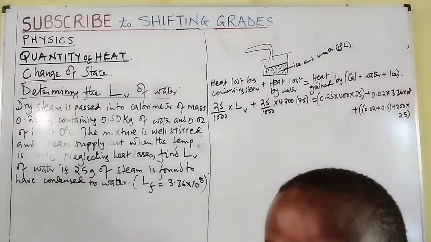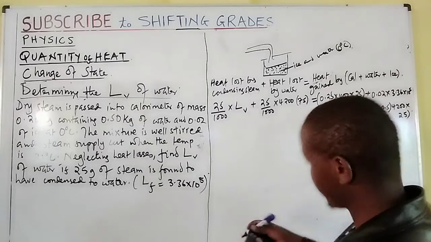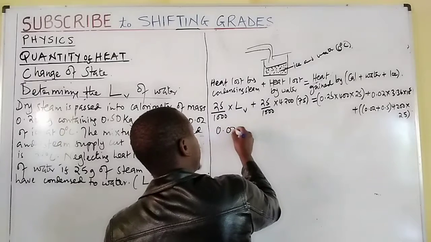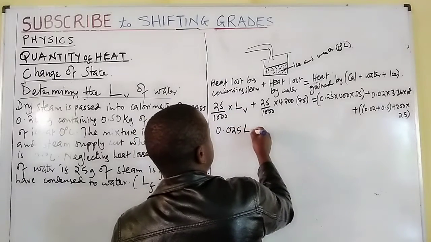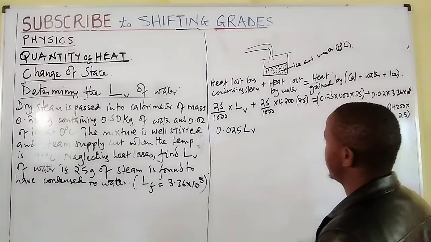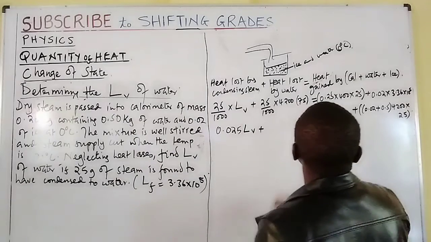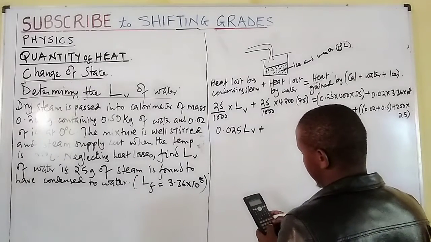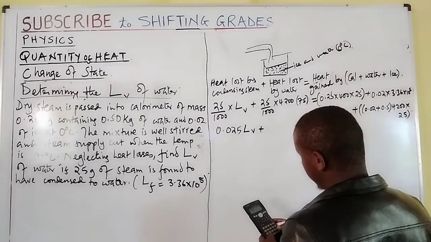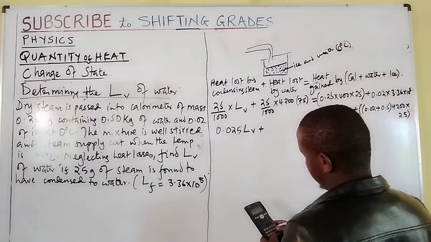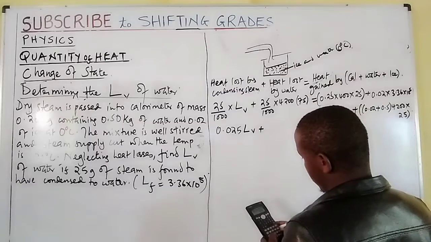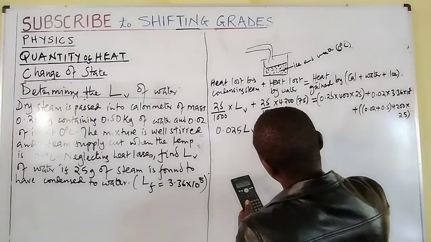Now we can multiply this. We get 0.025 times the latent heat of vaporization, plus in this case multiplied, we'll have 25 divided by 1000 times 4200 times 75, which gives 7875.